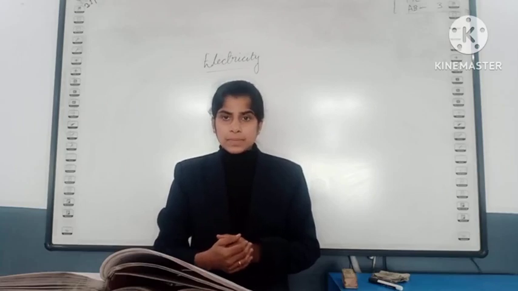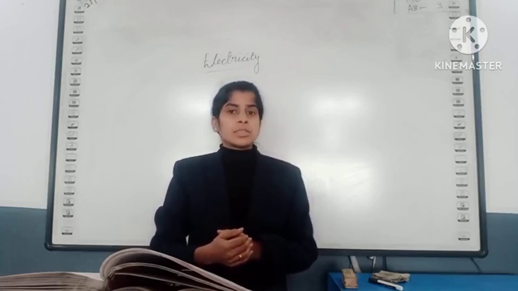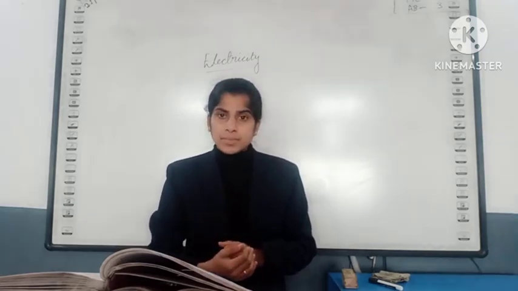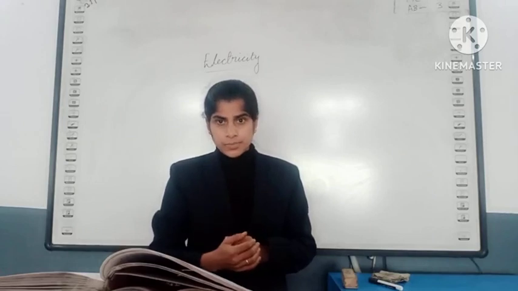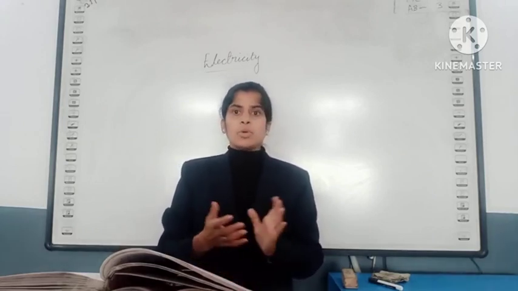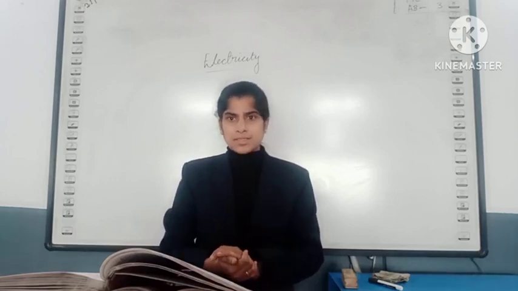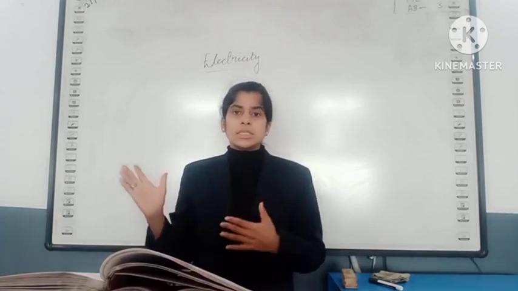Electricity and magnetism. You know that when electricity passes through a solenoid, it acts as a what? A magnet. That is an electromagnet. I hope you all already made that electromagnet. Yes. So today we are going to discuss this chapter.